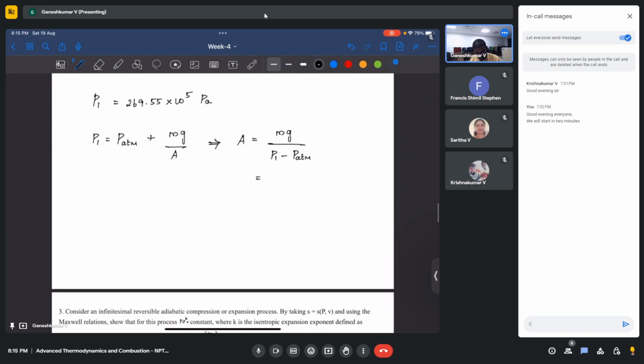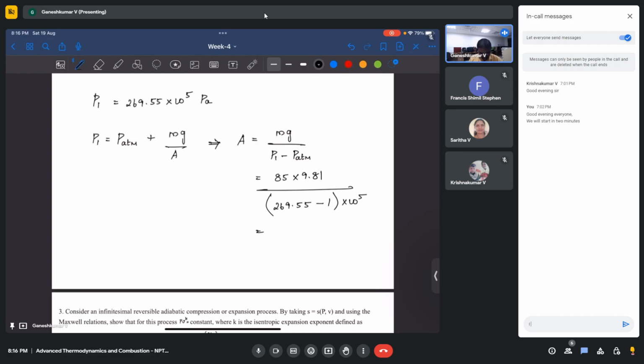So this is going to be 85 kg into 9.81 divided by P1, which is 269.55 this much pascals, minus 1 into 10 power 5.